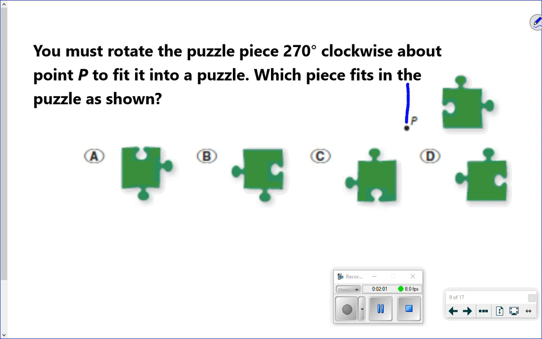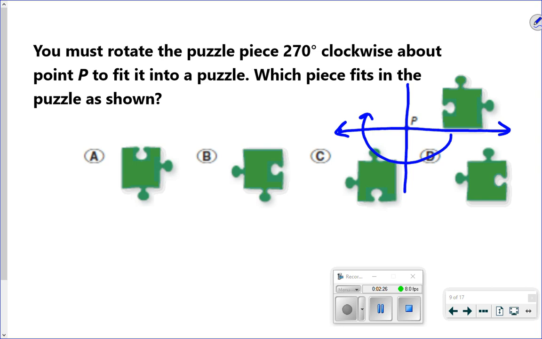All right, so if this is our coordinate plane, P is our center, and then we're imagining it going 270 degrees clockwise. So that's going to be right there. If you imagine that piece rotated, think about where those points would be. So let's think about this hole. If I rotate it 90 degrees clockwise, that hole now is on the top.